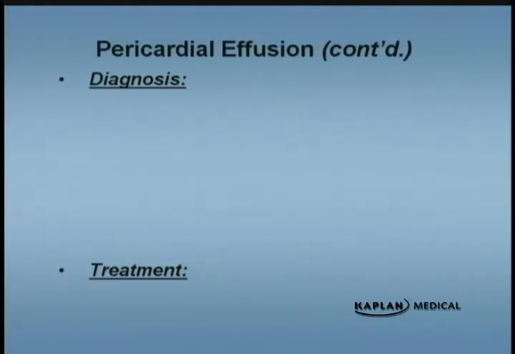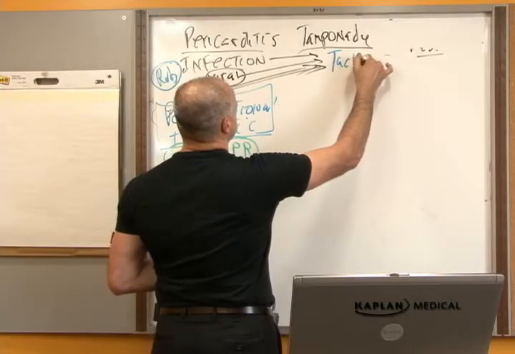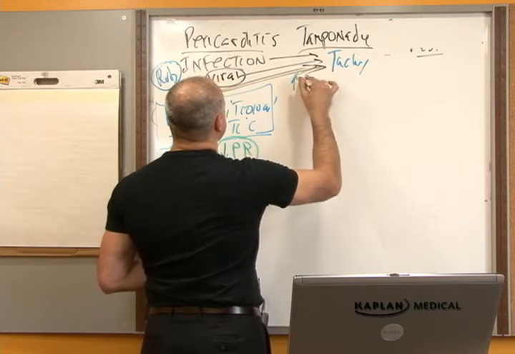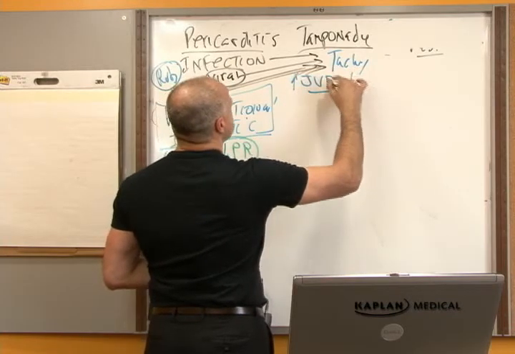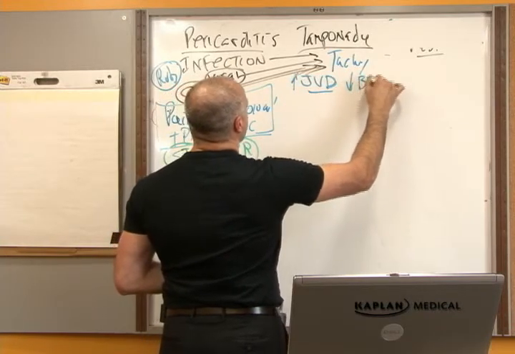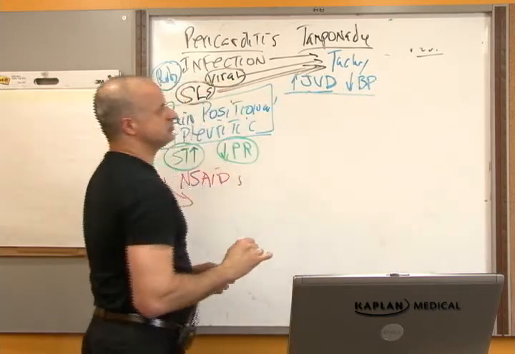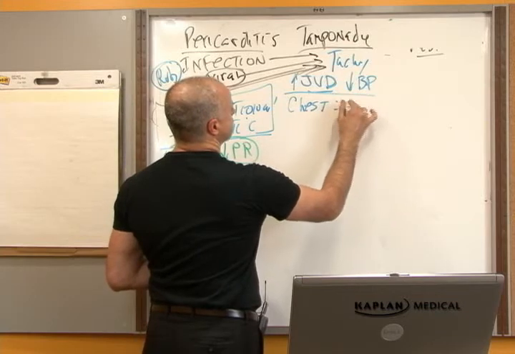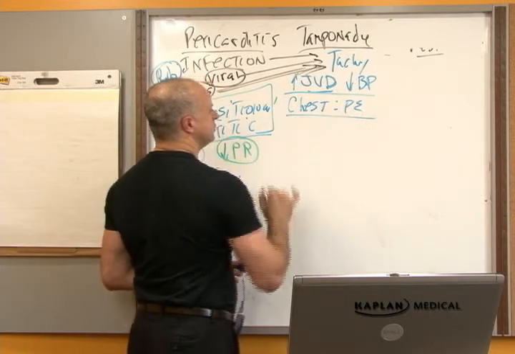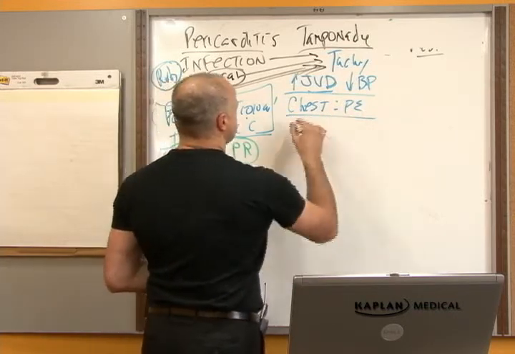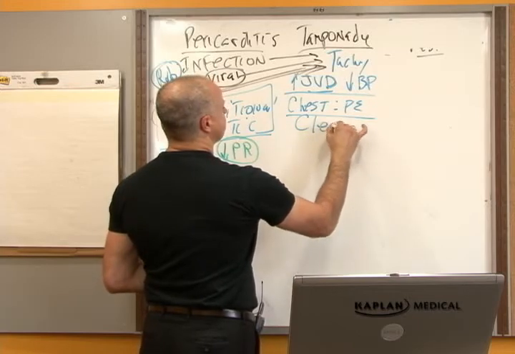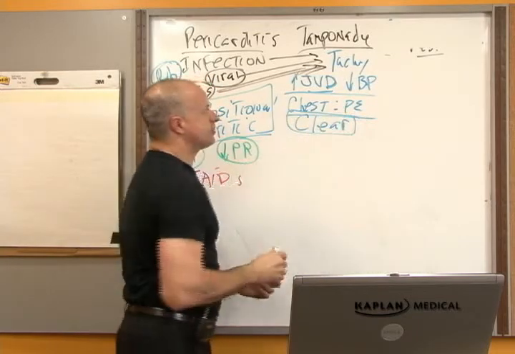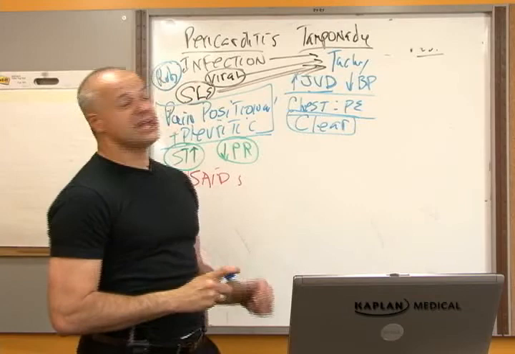What is the difference in tamponade between these others? You get tachycardia. Well, they all give you tachycardia. Distended neck veins, hypotension, and clear lungs. Well, what's the difference between that and a person with a pulmonary embolus? The chest is clear on physical examination in a person with both pulmonary embolus and tamponade.